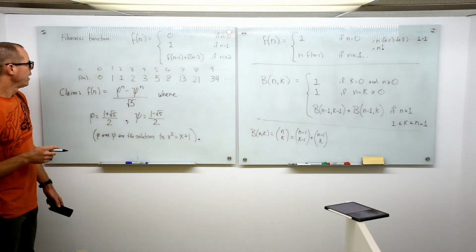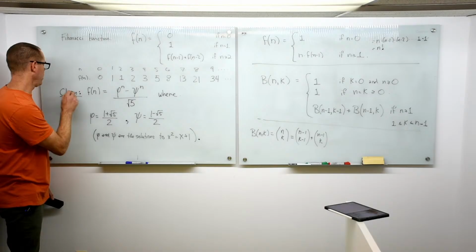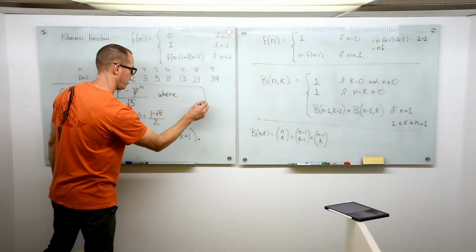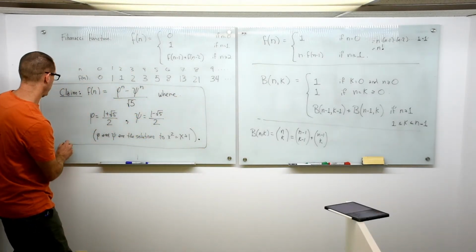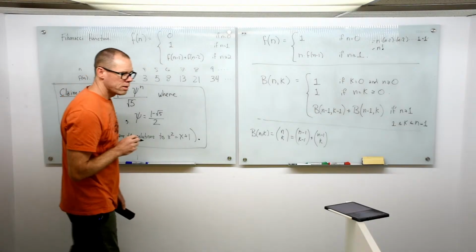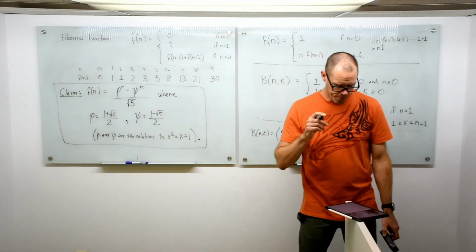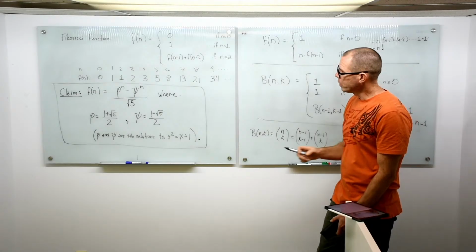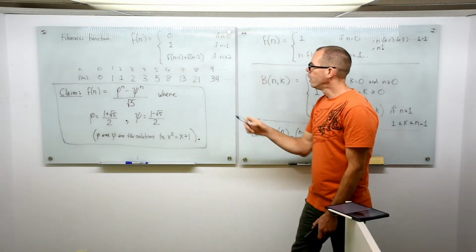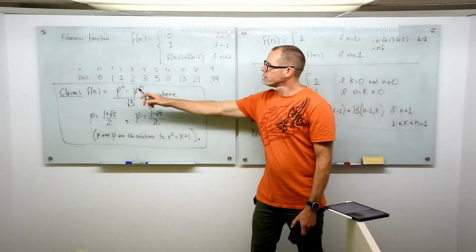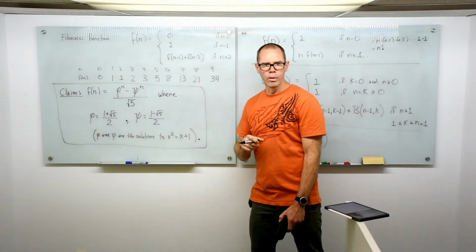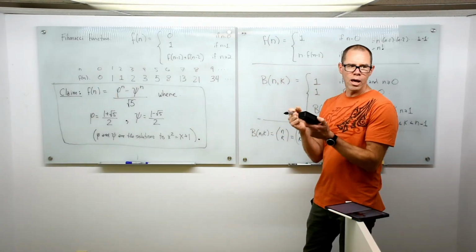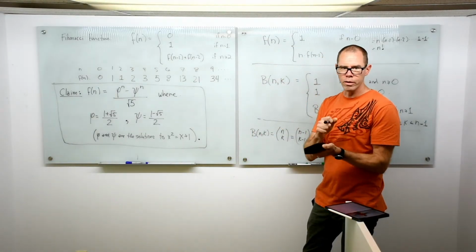Okay? So here is the thing that I think is absolutely incredible. Look at this Fibonacci sequence. It's got this easy definition. It starts with two integers, 0 and 1, and everything else you just get by adding up the previous two values.